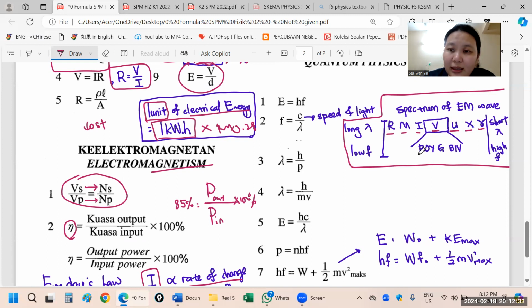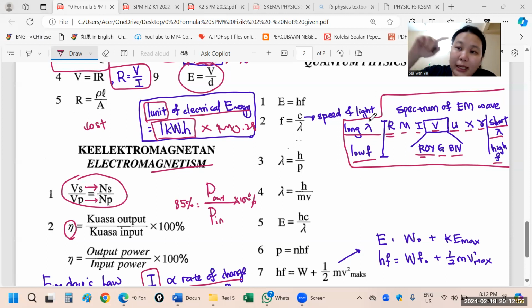So the visible light, ROYGBIV. Then the radio end is long lambda, so low frequency. So another side will be short lambda, high frequency. So long lambda got what benefit? Long lambda actually can propagate further, can go further.